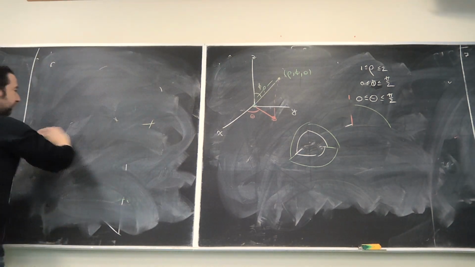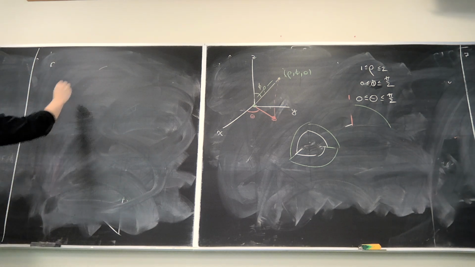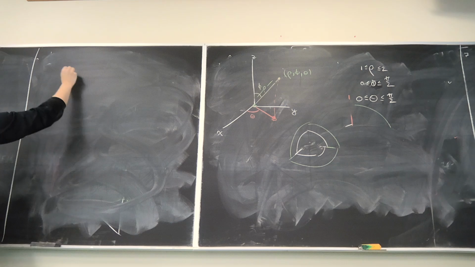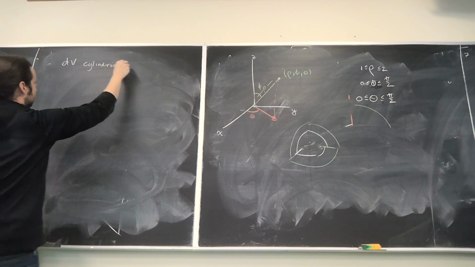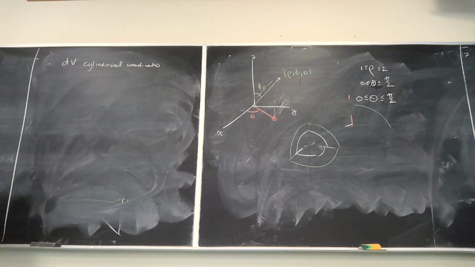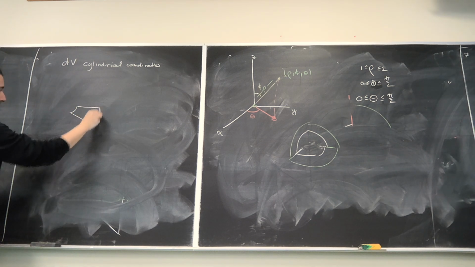So we have all these volume forms. And I'm going to remind you that when we found dV for the cylindrical coordinate change, the way that we did that was I drew sort of this little corn kernel looking thing.